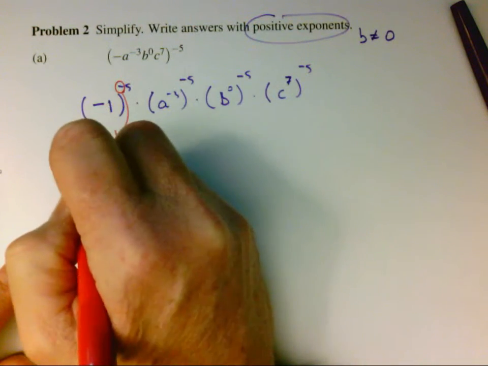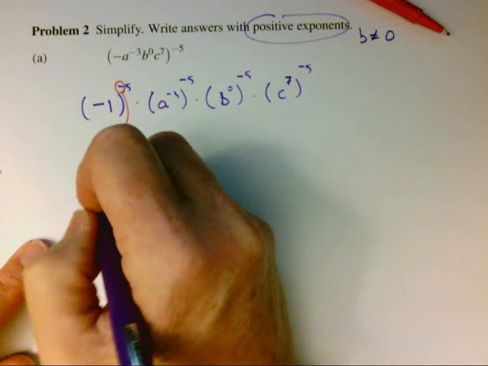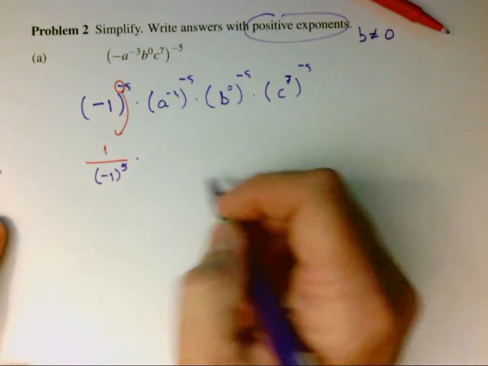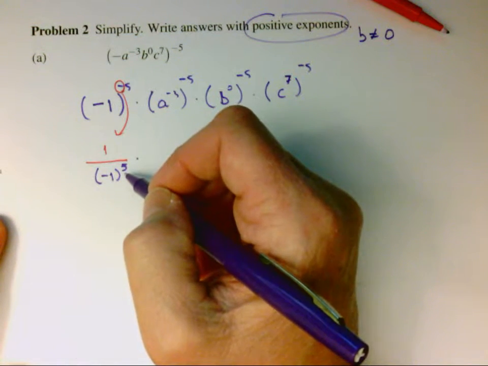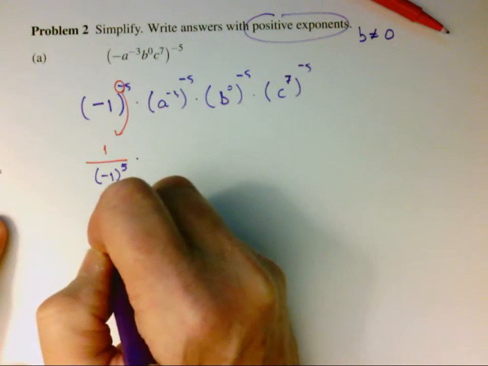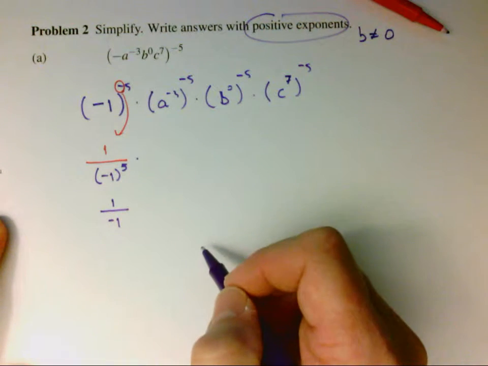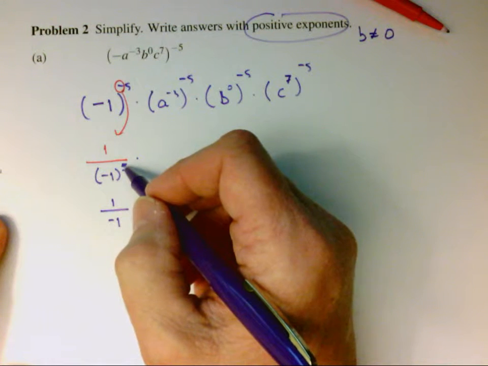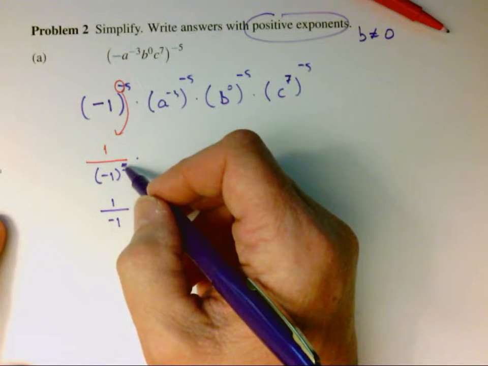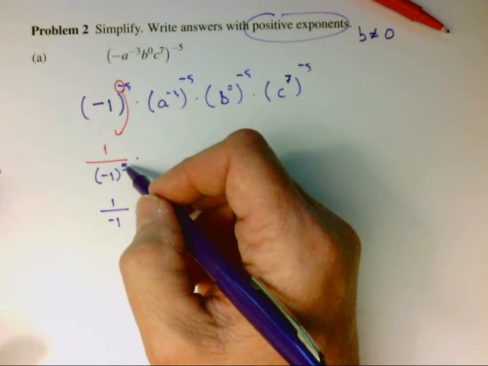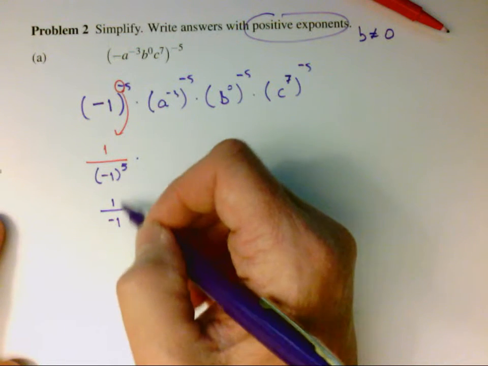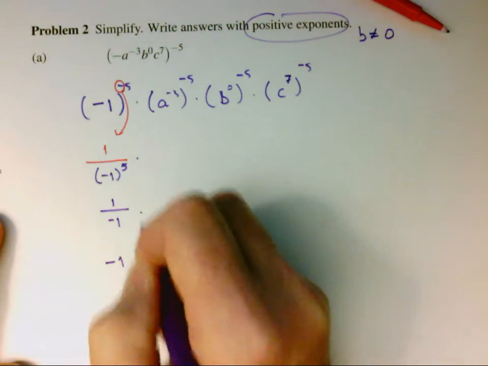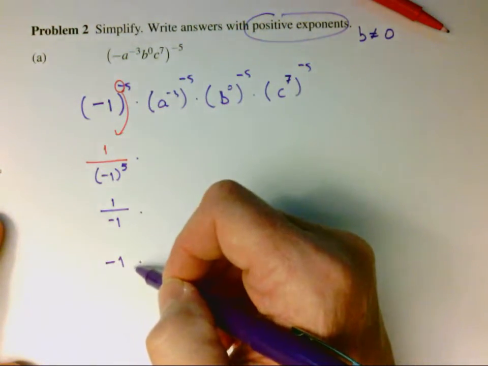So that's going to be a 1 over negative 1 to the 5. Since you have an odd number of factors, the pairs will multiply together. Negative 1 times negative 1 pair makes a positive 1, but there'll be 1 left over. So there'll be a negative 1. And then 1 divided by negative 1 is negative 1. So if we take this forward 3 steps, we see that we're going to get a negative 1.